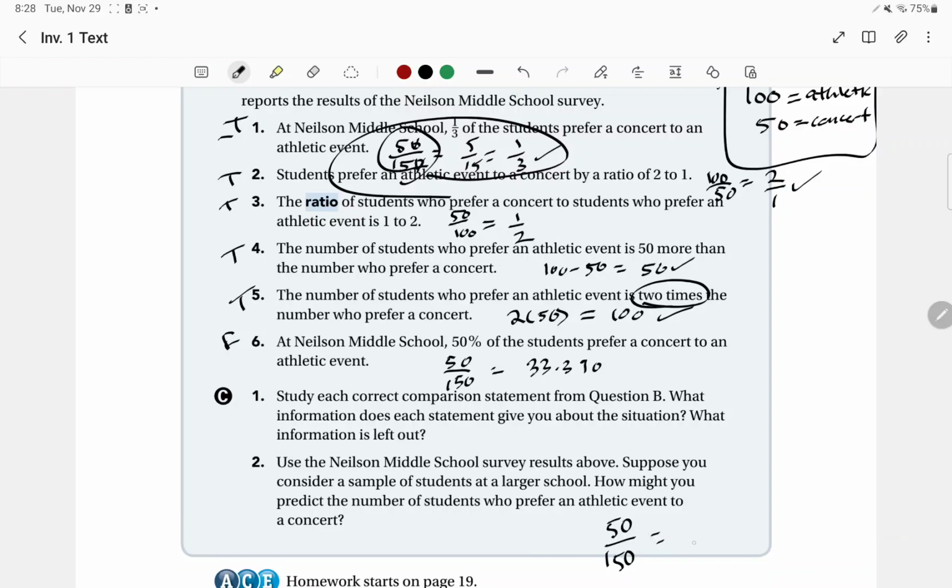So if you have a school of, let's say, 1,300, you can set up a proportion. Proportionally, if the school of 1,300 is going to have similar likes to the school of 150, then you can use a proportion because it should be very similar. So we set up 2 ratios that should be the same or close to the same, and we solve.